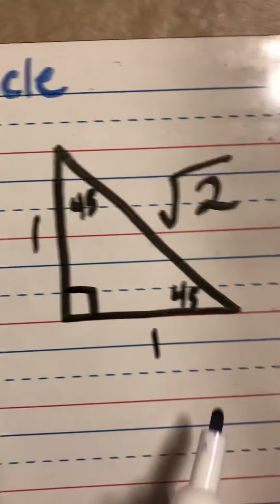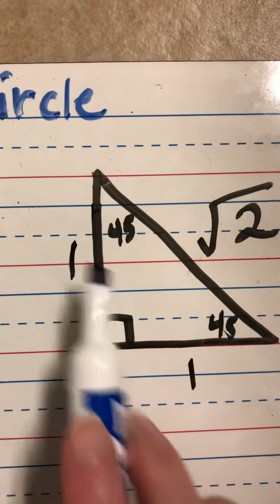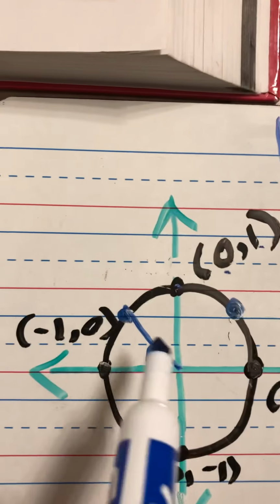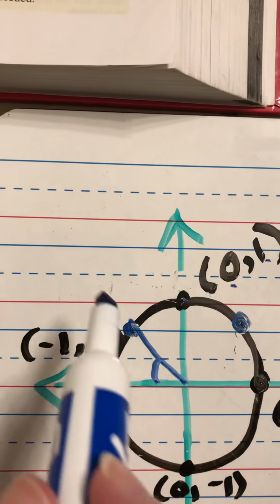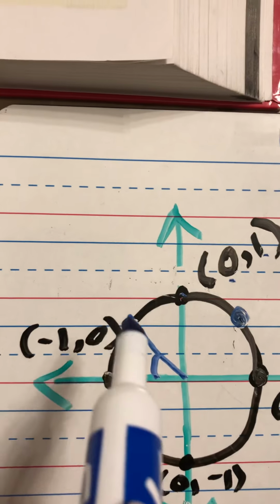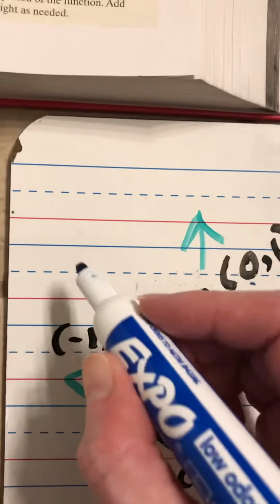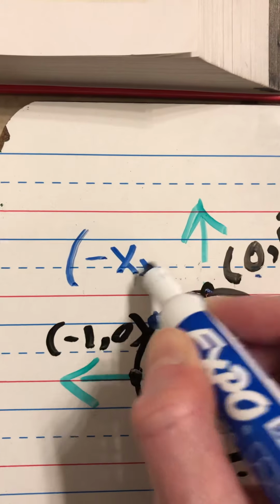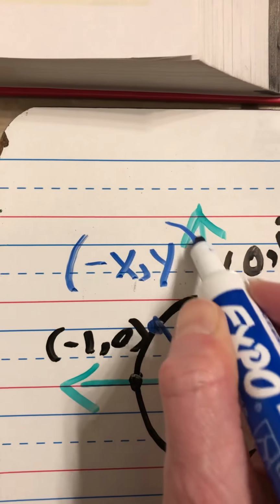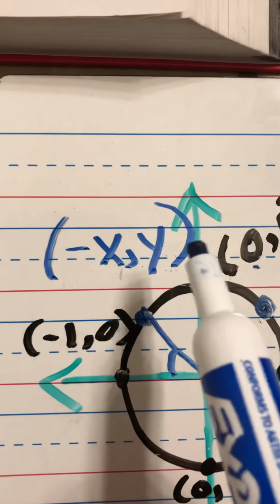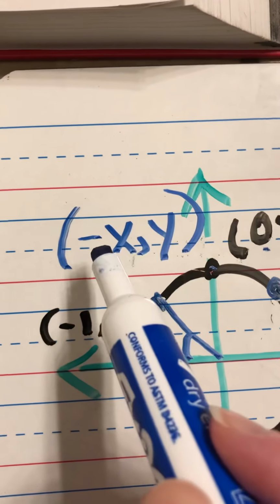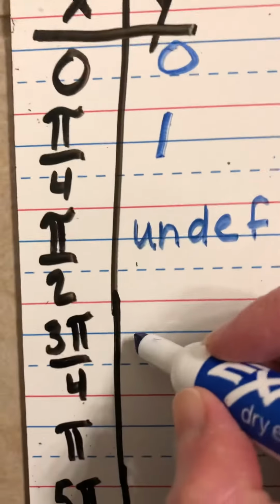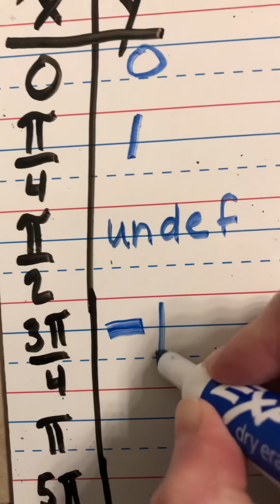So it's still going to give me opposite over adjacent is 1, but because I'm in the second quadrant, the tangent is going to be a -1, because in the second quadrant, the x coordinate is negative and the y coordinate is positive. So if you're thinking of tangent as y divided by x, it's a positive divided by a negative, which is a -1.